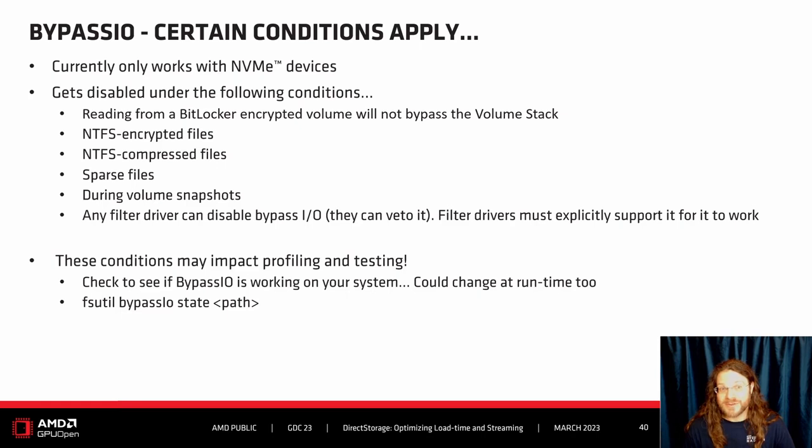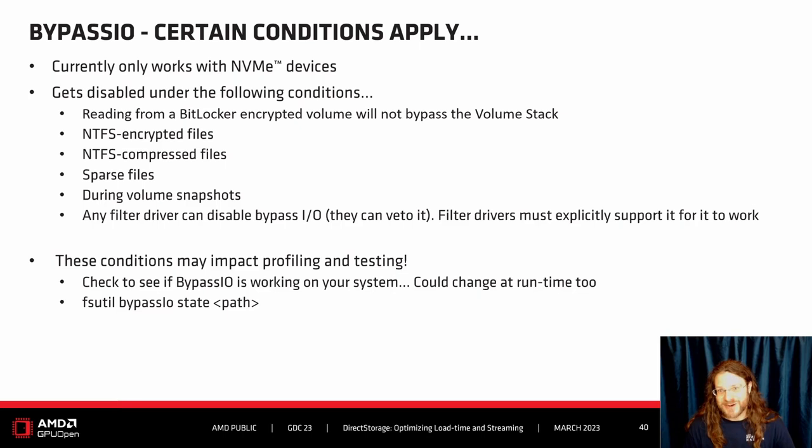BitLocker encrypted volumes will not bypass the volume stack, NTFS encrypted files, NTFS compressed files, sparse files, during volume snapshots, and if any filter driver is installed in the IO stack, which vetoes bypass IO or does not implement support for bypass IO. Because some of these conditions are dynamic, bypass IO can be disabled dynamically at any time.